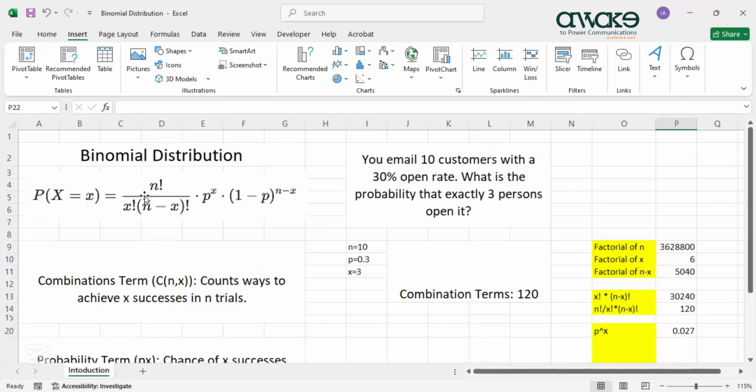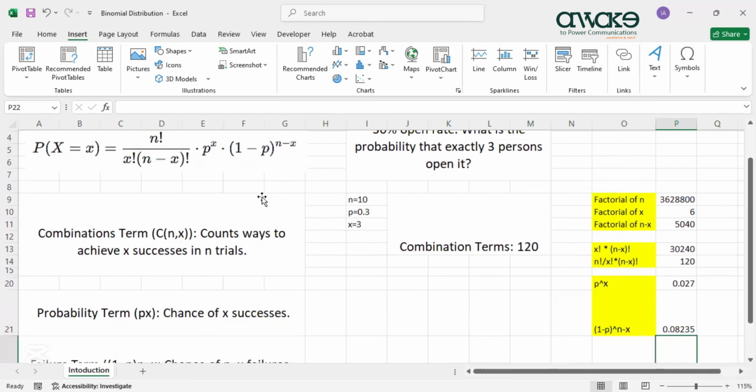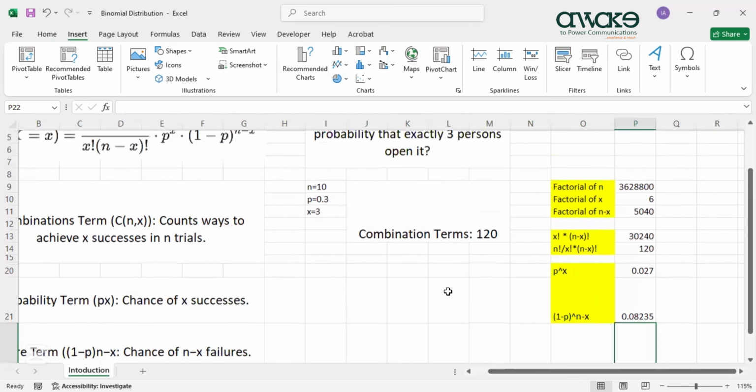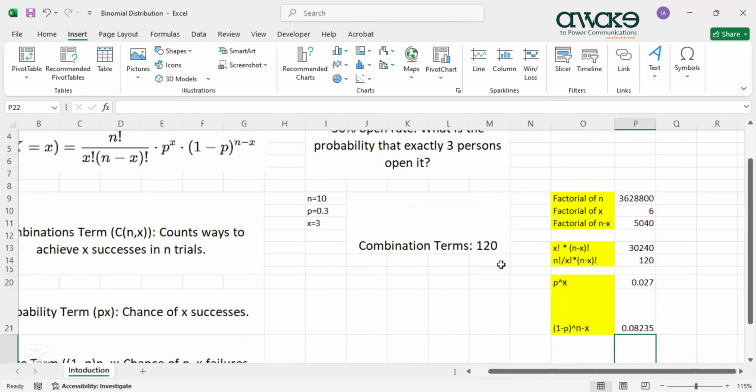So we can basically now just go ahead and fix this up, because this multiplied by this multiplied by this is what gives us our binomial distribution. So let's look at our binomial distribution now. We've successfully calculated our combination term, which is 120.